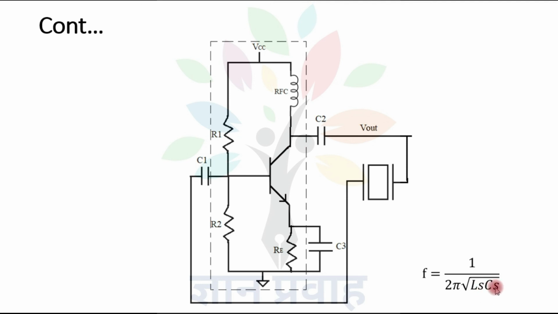The operation of this crystal oscillator is the same as we discussed for LC and RC oscillators. 180-degree phase shift is provided by this amplifier circuit and 180-degree phase shift is provided by the crystal circuit or tank circuit or feedback circuit. So at the output of this amplifier we get 360-degree phase shift, and that is the condition for sustained oscillation.